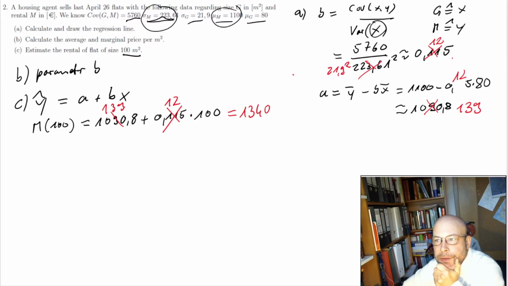And to obtain just more or less the same rental for a flat which is 20 square meters larger is not a very reasonable result, and this is much more reasonable, that compared to the average we have a much more expensive flat. Okay, what else do we have?